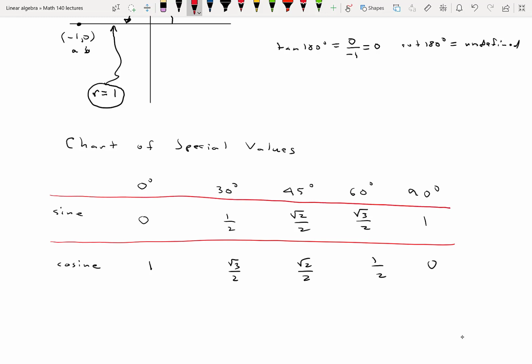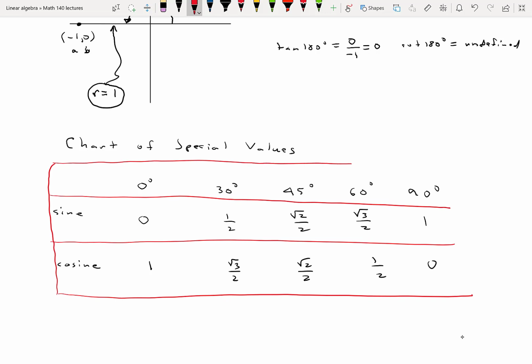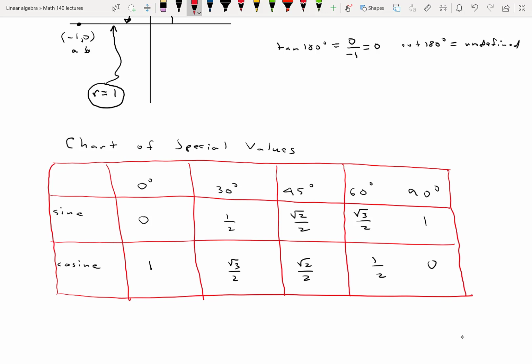And we're basically aiming for the rest of this section at becoming human calculators for calculus. We want to be able to compute the values of the 6 trig functions for certain angles very, very quickly, like in a situation where you're taking a calculus test.